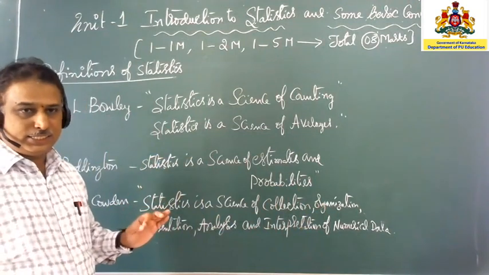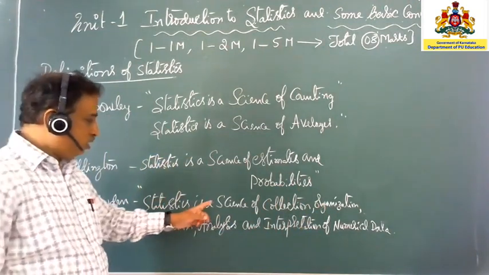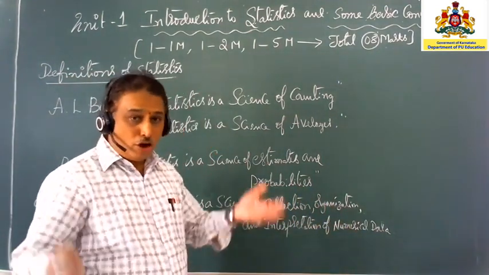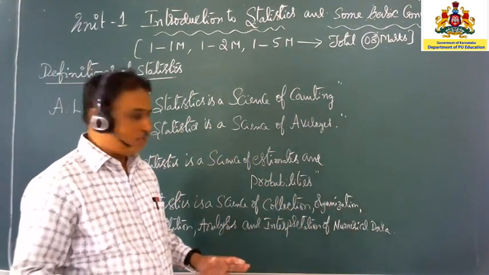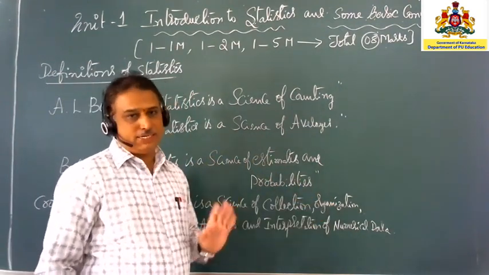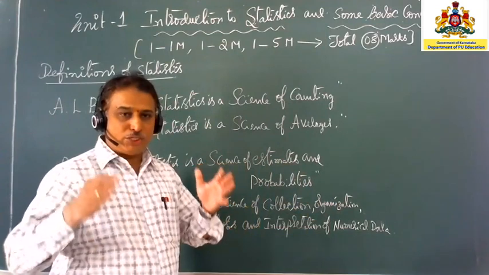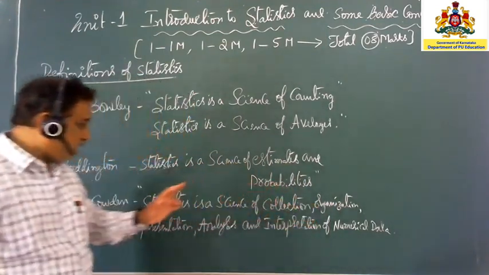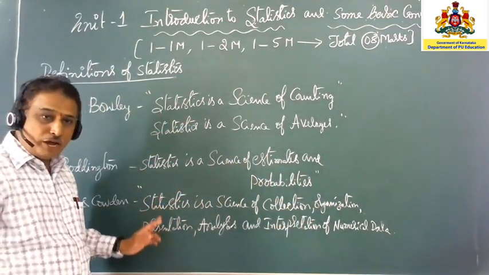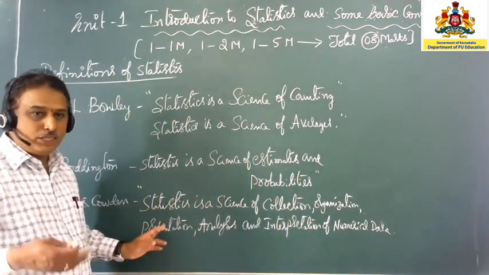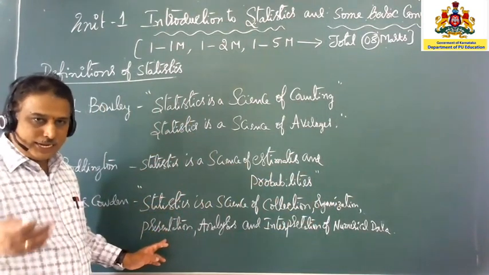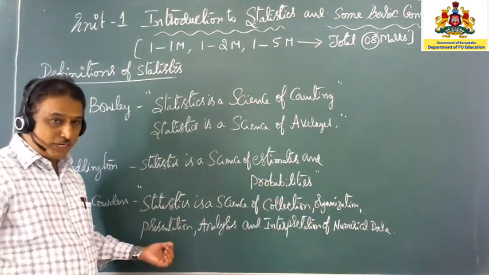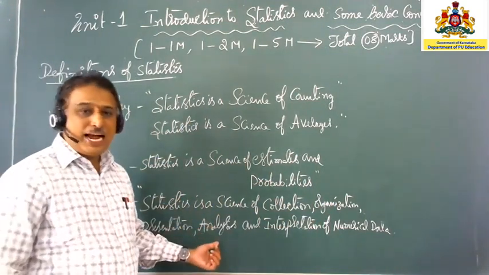As statisticians, the first duty is to collect the numerical data. After collecting the numerical data, we have to organize the data. Organization means we have to do the scrutiny and editing part. After organizing, you have to present the data in the form of tables, diagrams, and graphs. After presentation, you have to analyze the data.